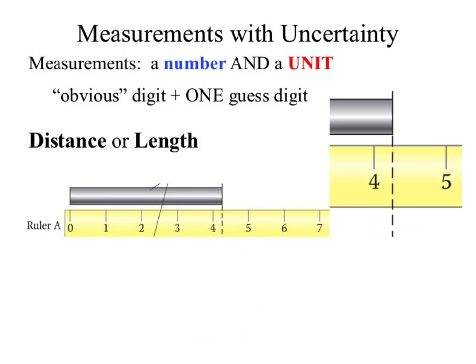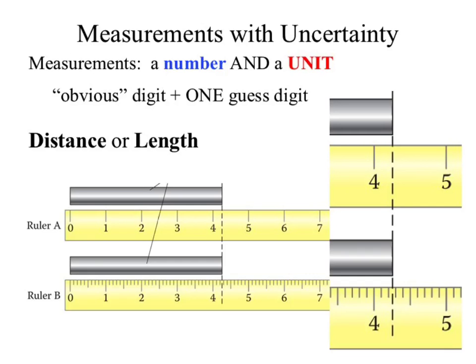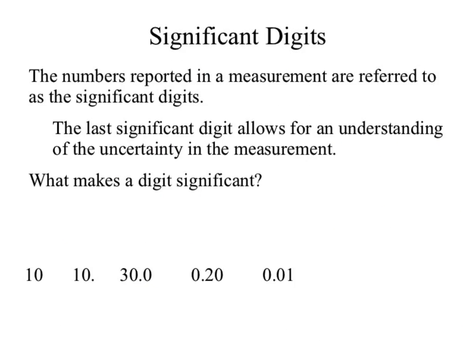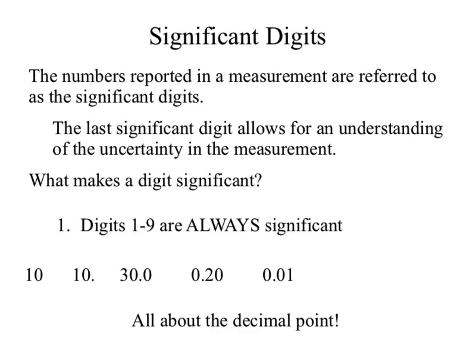How do we get more sig figs? My device has to have more refined measurements. So, significant digits. Let's take a look at, should we try those as an example? Let's try those.